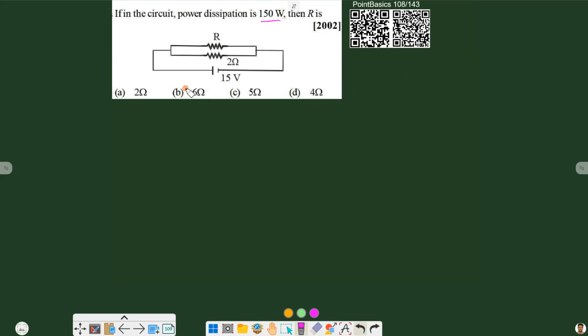So their total resistance is RT, and RT will be their parallel combination, 1 by RT is equal to 1 by R plus 1 by 2, and from this RT will be 2R by R plus 2.